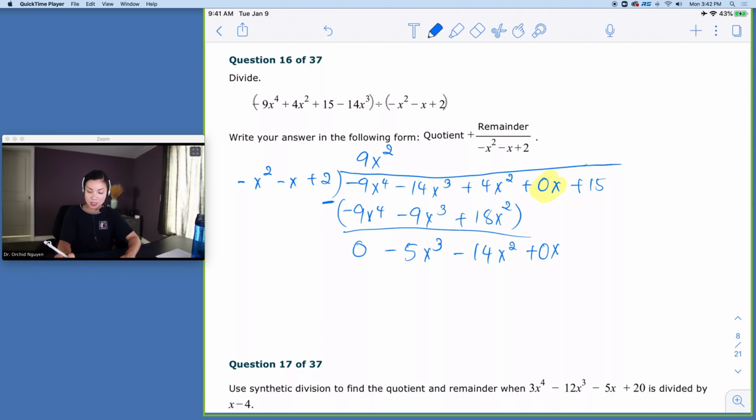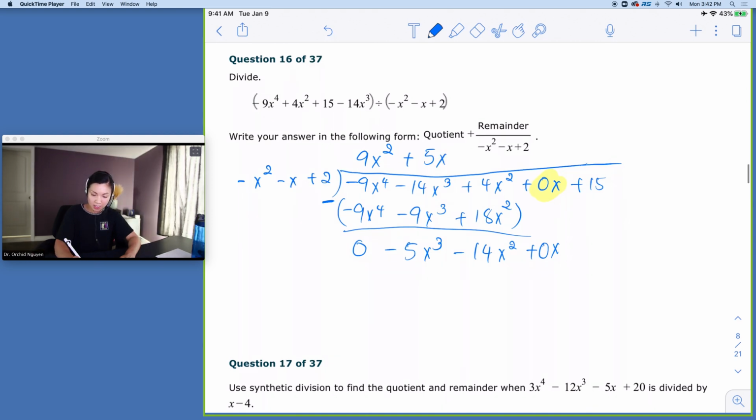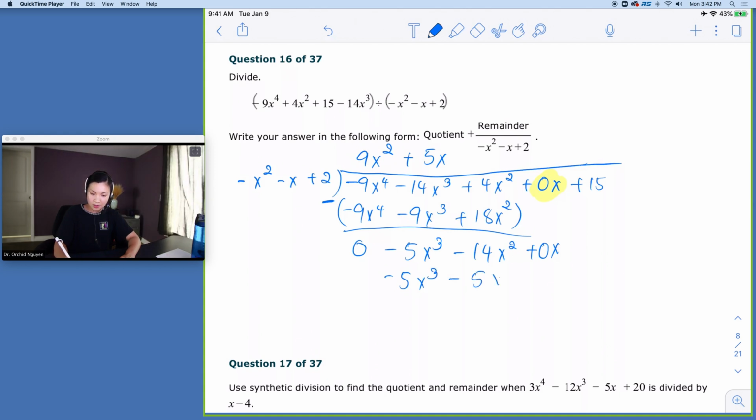So the next one is going to be 5x. 5x, I multiply and I get negative 5x cubed, negative 5x squared, positive 10x. We subtract.